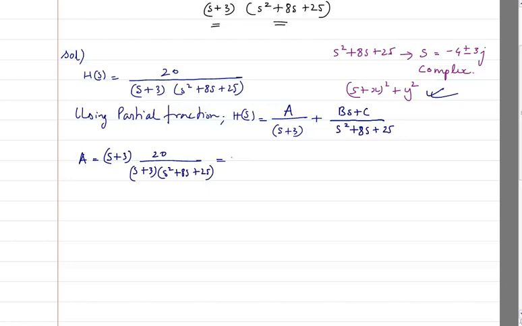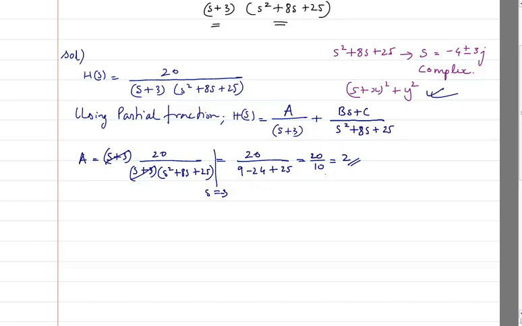Put the value s equal to minus 3, then you will get 20 divided by 9 minus 24 plus 25, which gives me 20 by 10, which is 2. So the value of a is 2.